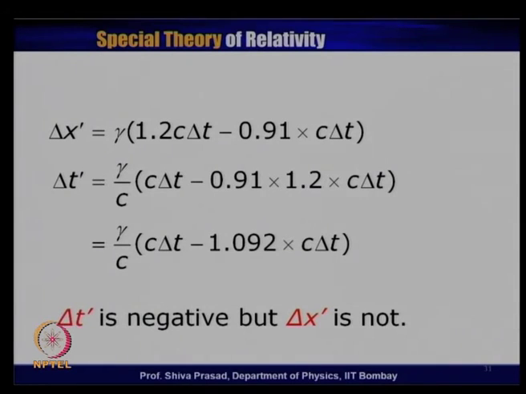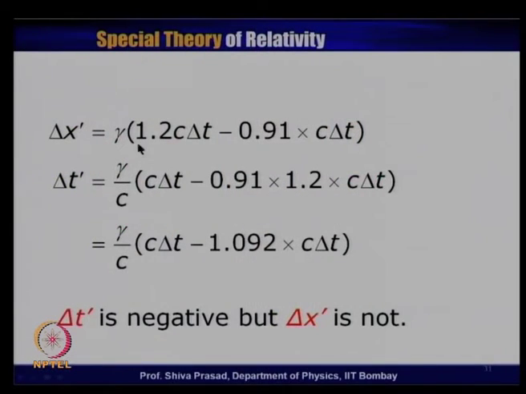Now, when I say delta x greater than c delta t, the factor could have been anything. But remember, because this factor is larger than 1, unless v itself becomes larger than c, this will always remain positive. Therefore, delta x prime will always be positive.